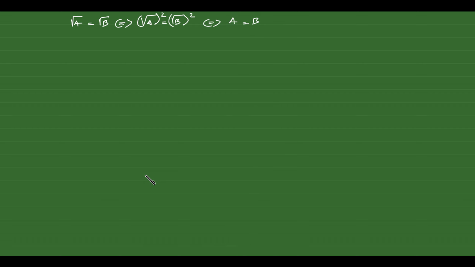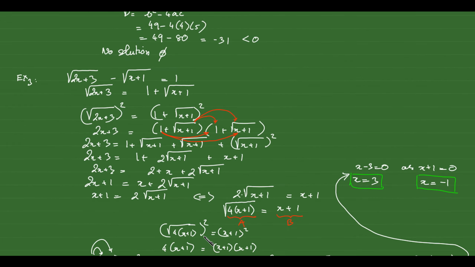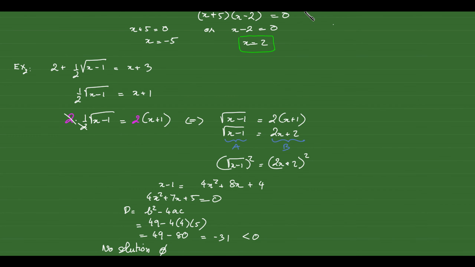So you can apply this formula in some cases. I'm going to give you an example right now. So on the next example, I'm going to have something like this. Example number 4.